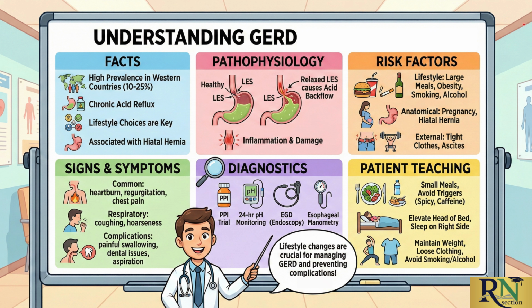Lifestyle choices are the primary determinants of getting GERD. It usually occurs in association with hiatal hernia. GERD results from retrograde flow of GI content into the esophagus, leading to inflammation. And here we have a nice picture of the pathophysiology.